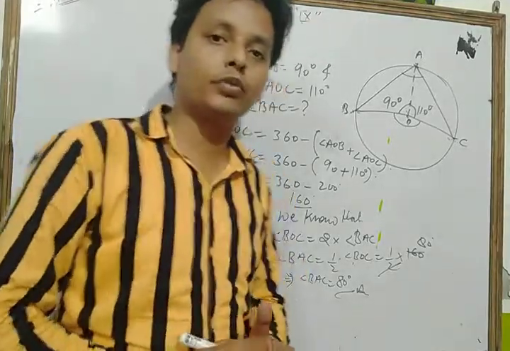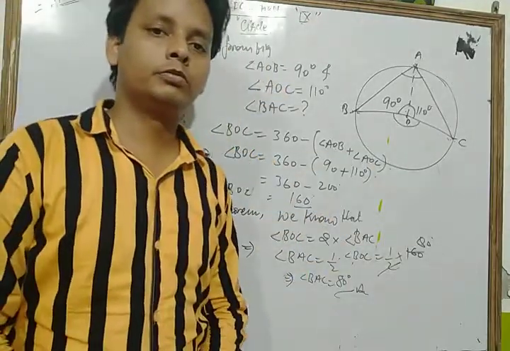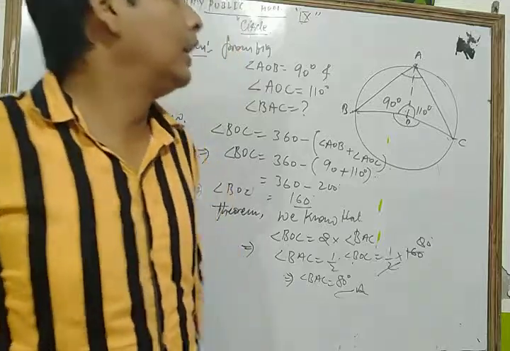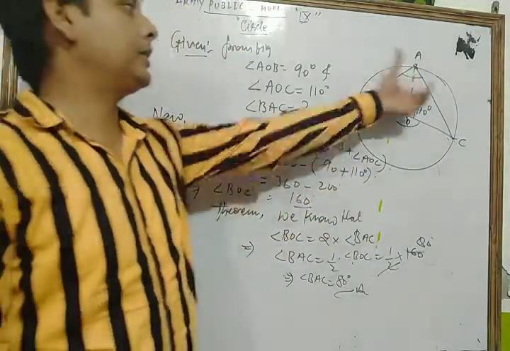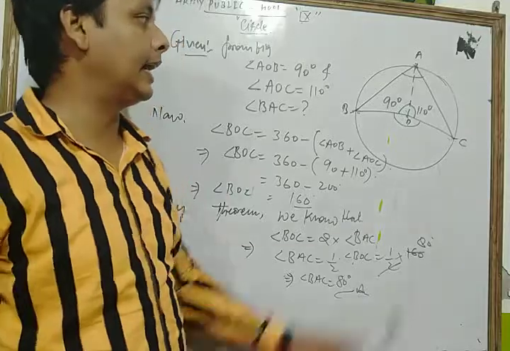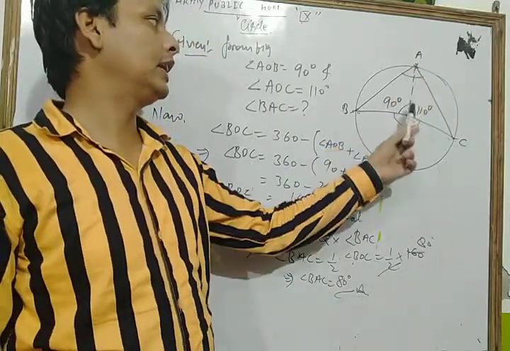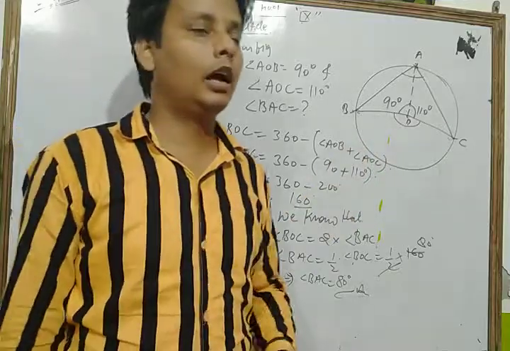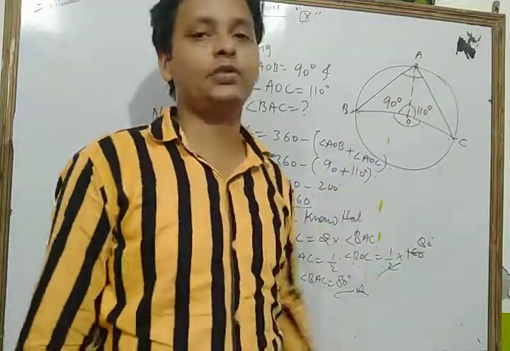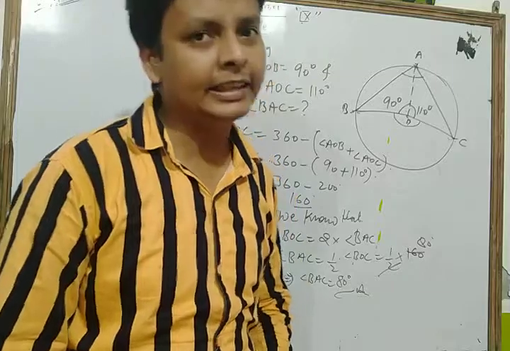So dear students, in this way we solve these questions. Let's see once more. In that question, A, B, C are 3 points lying on the circle, and we have O as the center, and we have angle AOB as 90 degrees and angle AOC as 110 degrees.